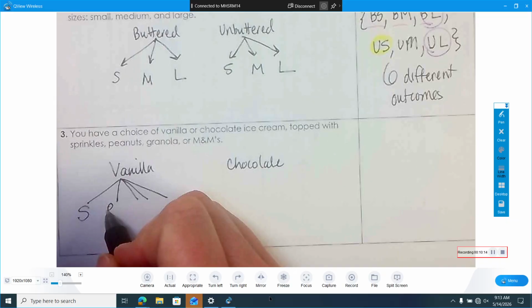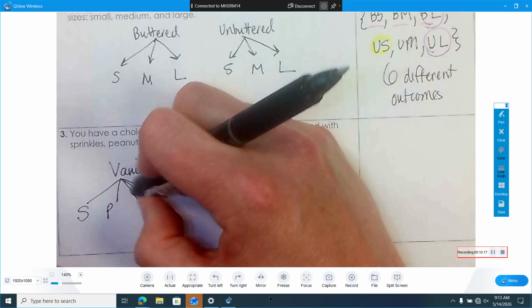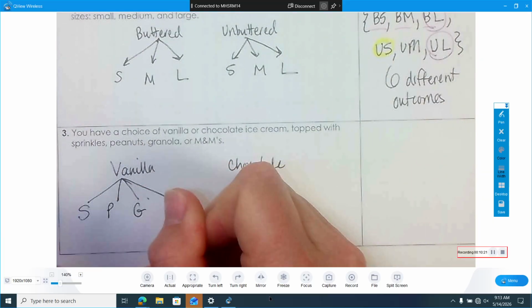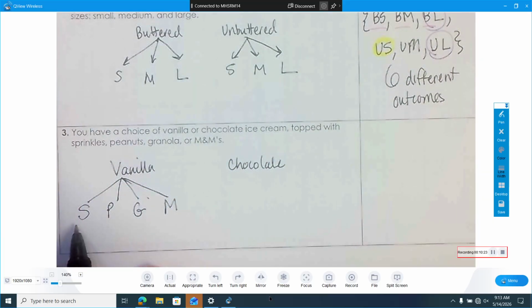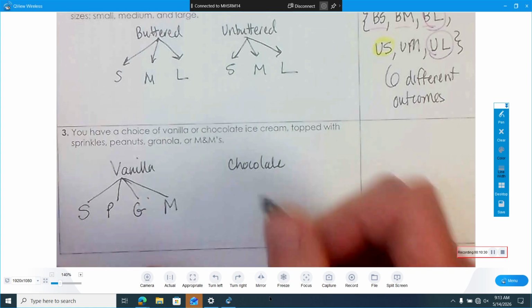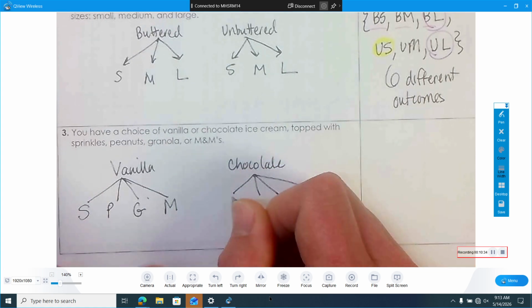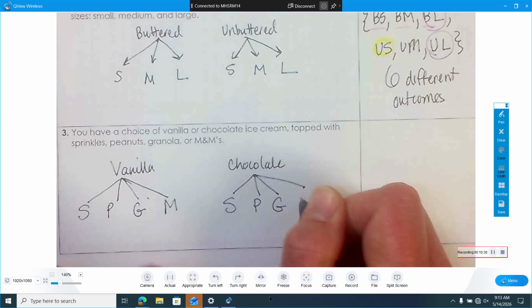Sprinkles, peanuts. Oh, I drew too many. All right. Granola, because I can't count. And M&Ms. All right. Sprinkles, peanuts, granola, and M&Ms. And if I choose chocolate, I get the same other choices as well. So sprinkles, peanuts, granola, and M&Ms.